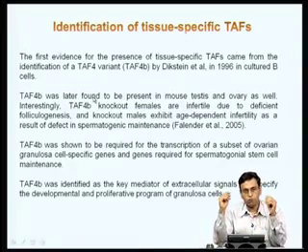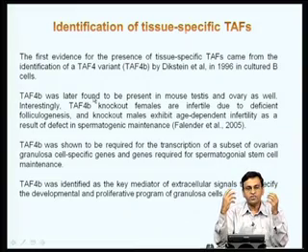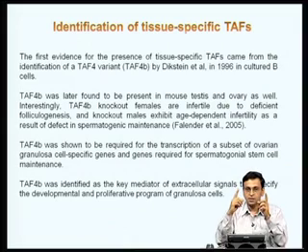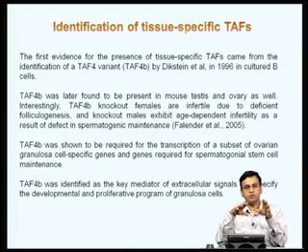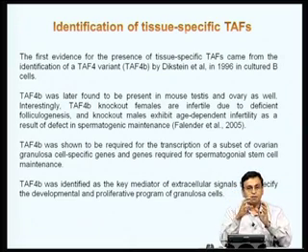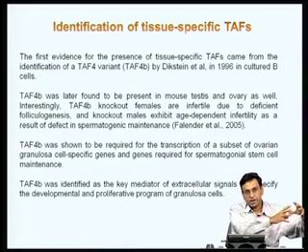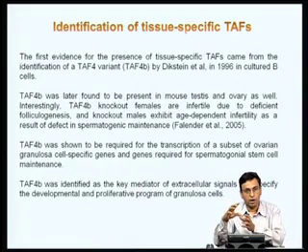Now, let us try to focus on what kind of variations in TAFs contribute to differential gene regulation. Remember, what are TAFs? TAFs are nothing but TBP associated factors which form a part of the TF2D. So, TAFs in association with TBP constitute the TF2D, and an important function of TAFs is that they act as a bridge between upstream activators and the general transcription machinery, RNA polymerase.